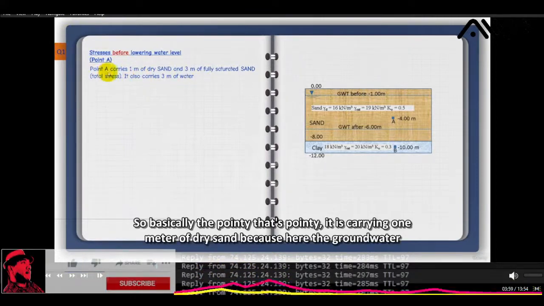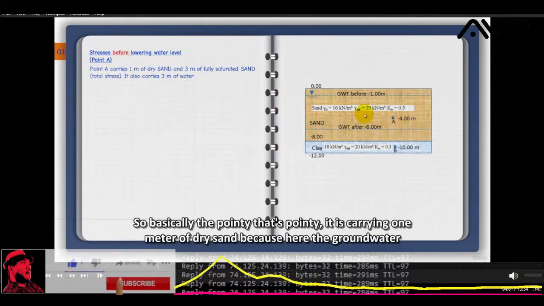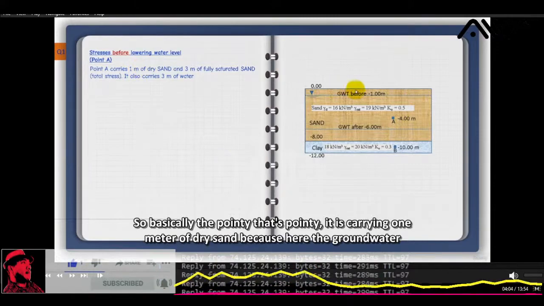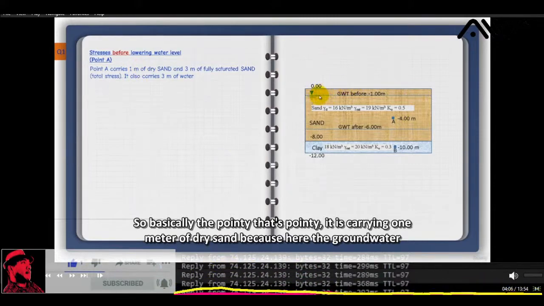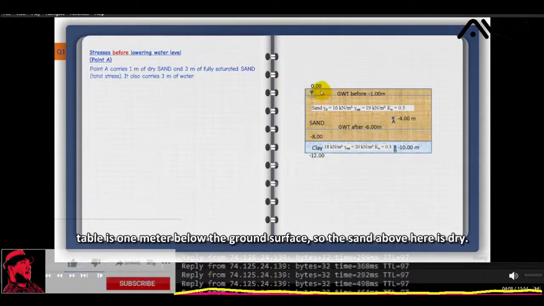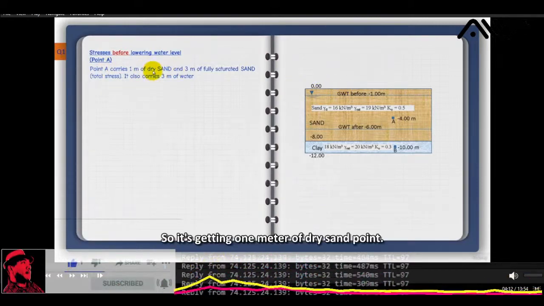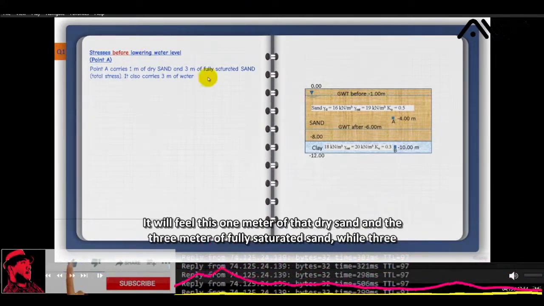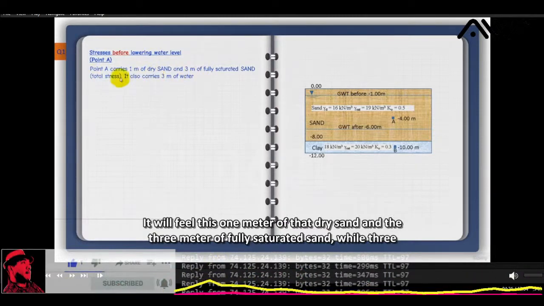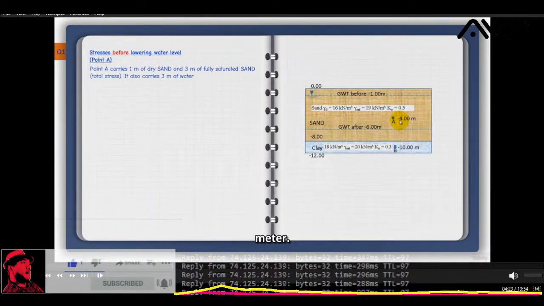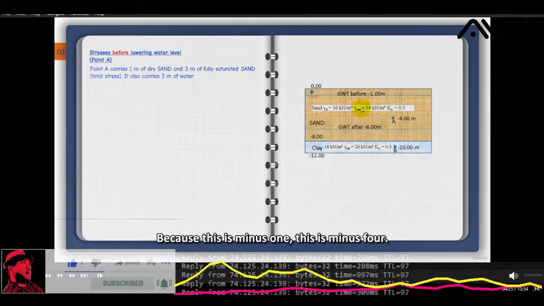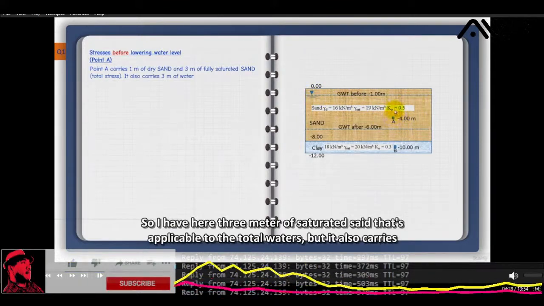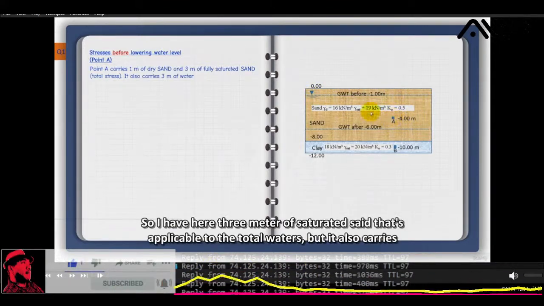So point A is carrying 1 meter of dry sand, because here the groundwater table is 1 meter below the ground surface, so the sand above is dry. Point A will feel this 1 meter of dry sand and 3 meters of fully saturated sand. Why 3 meters? Because this is -1, this is -4, so I have 3 meters of saturated sand.